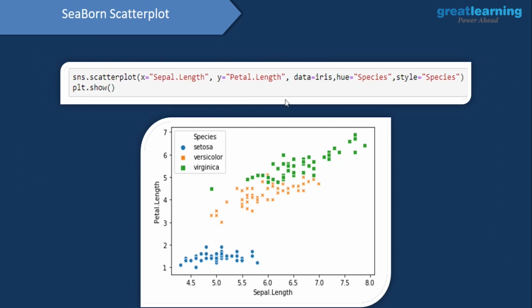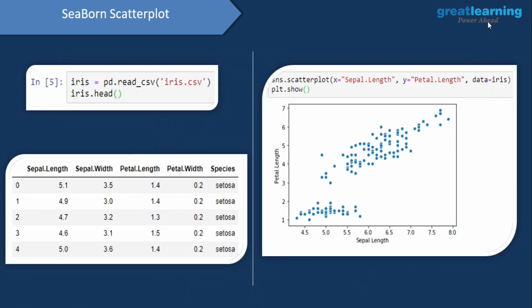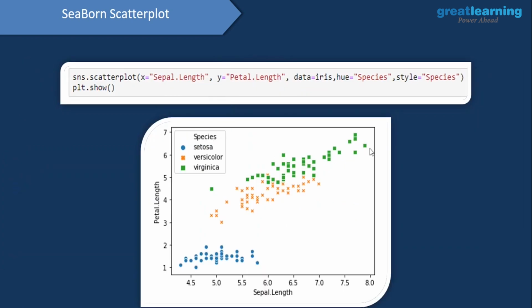Now, as you see, we can go ahead and add color and also change the style. Initially we just had a simple plot between sepal length and petal length, but now I want the color of these dots to be determined by the species column. That is why I am mapping the species column onto the hue aesthetic. Similarly, I am mapping the species column onto the style aesthetic as well.